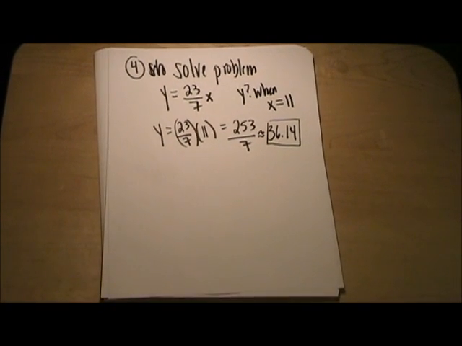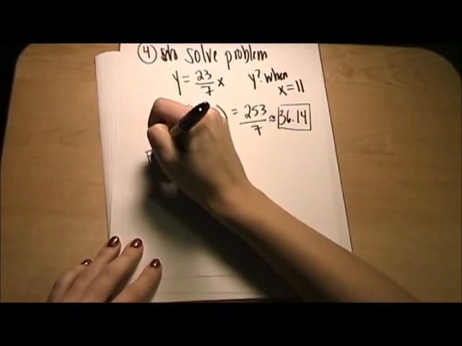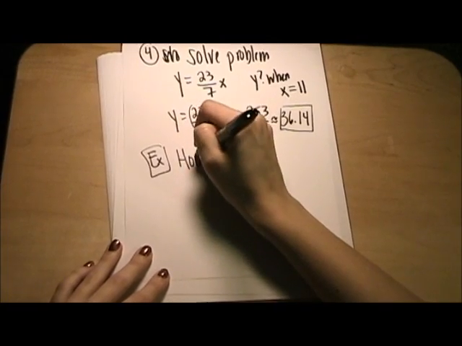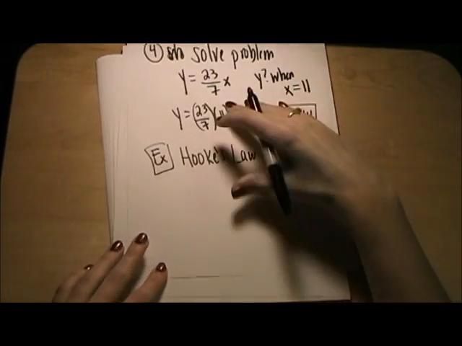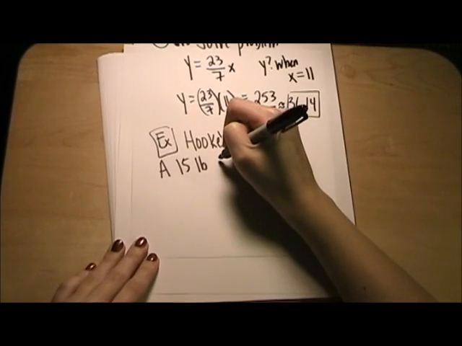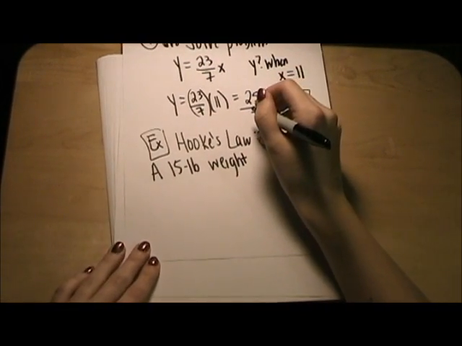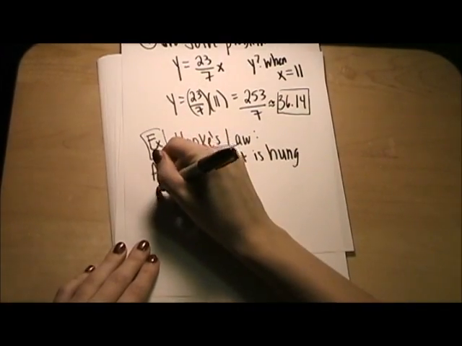Okay. Or we can have a word problem. This is known as Hooke's law. Just FYI. So we have a 15-pound weight is hung on a spring.